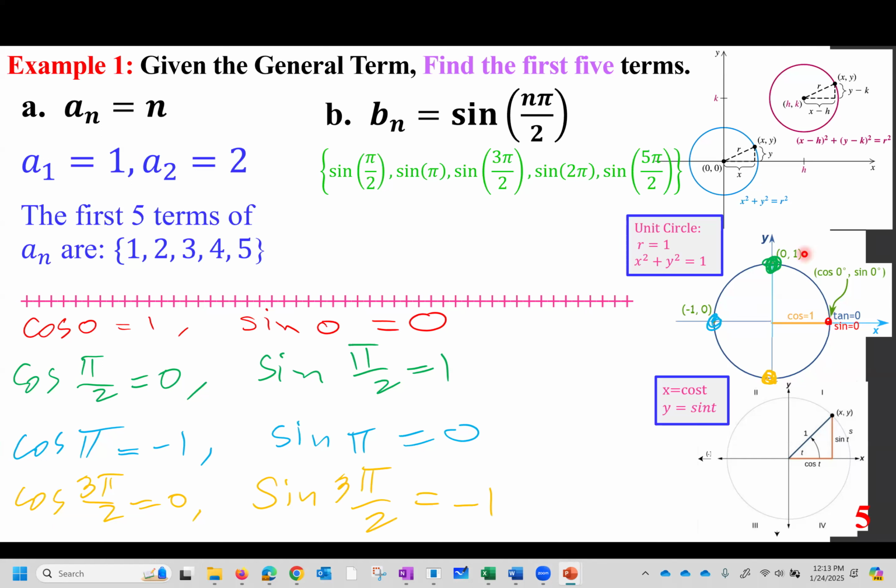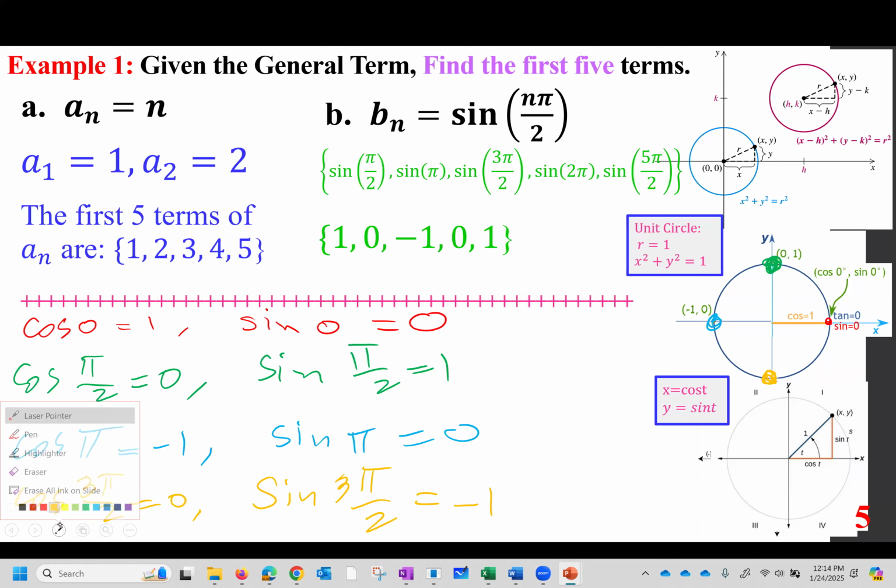And we go back to 0 or 2 pi, it just keeps on repeating. So sine of pi over 2 is 1, sine of pi is 0, sine of 3 pi over 2 is -1, this is 0, this is 1. That's how we arrive at the answer.